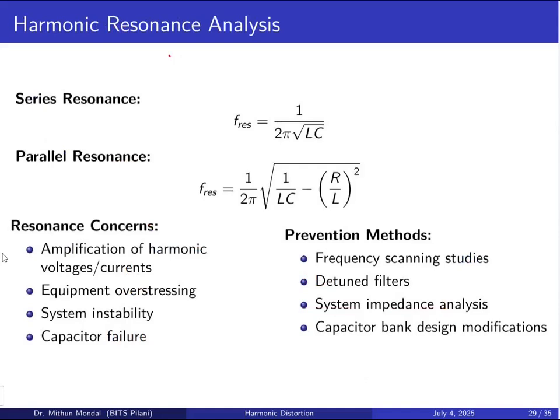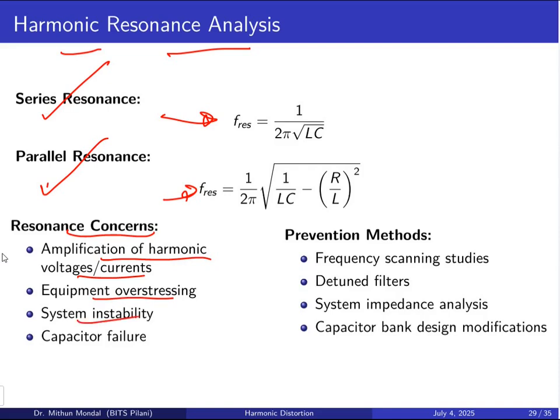So we have to do the resonance analysis in harmonics, whether it is a series resonance or parallel resonance, given by this formula of series and parallel resonance. These are basically the most fundamental formulas that we generally use for resonance calculation. Resonance is again a concern because amplification of harmonic voltage and current takes place.